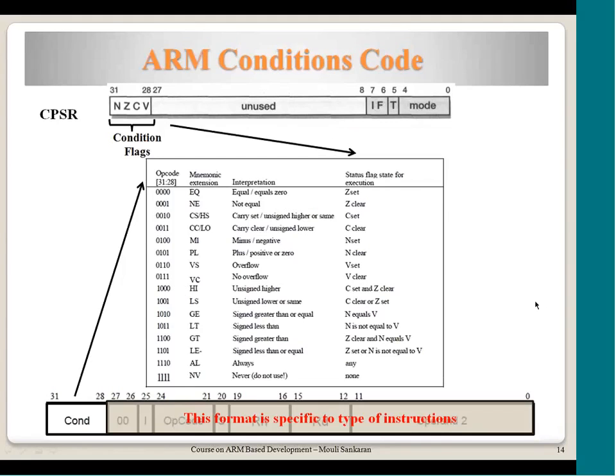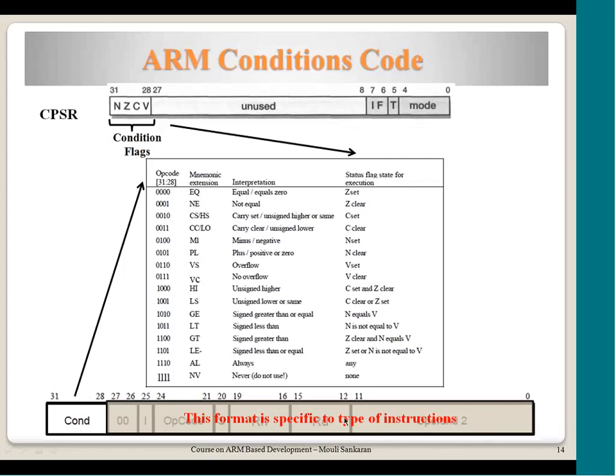By conditional execution I mean that every instruction, whether it is a compare, add, multiply, or AND operation, anything, is stored in memory in a binary format, and all instructions are 32 bits. Different bits in those instructions say what type of instruction it is, what operands it takes, and where it writes the results.